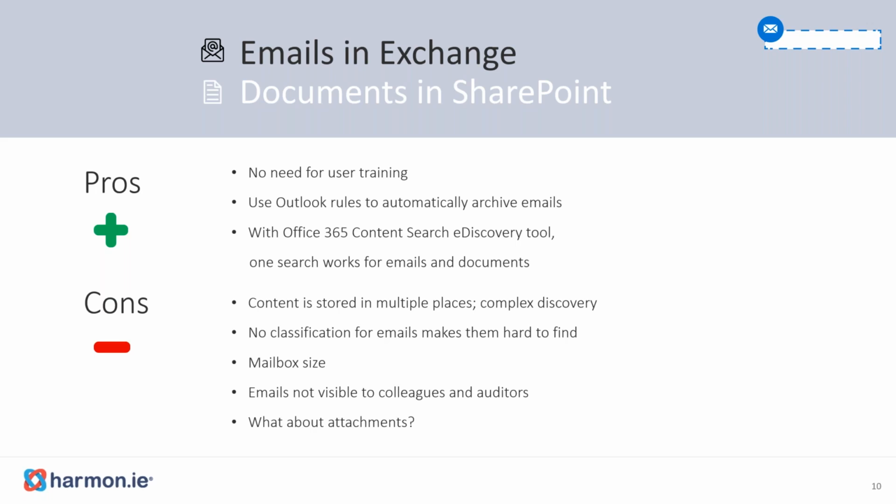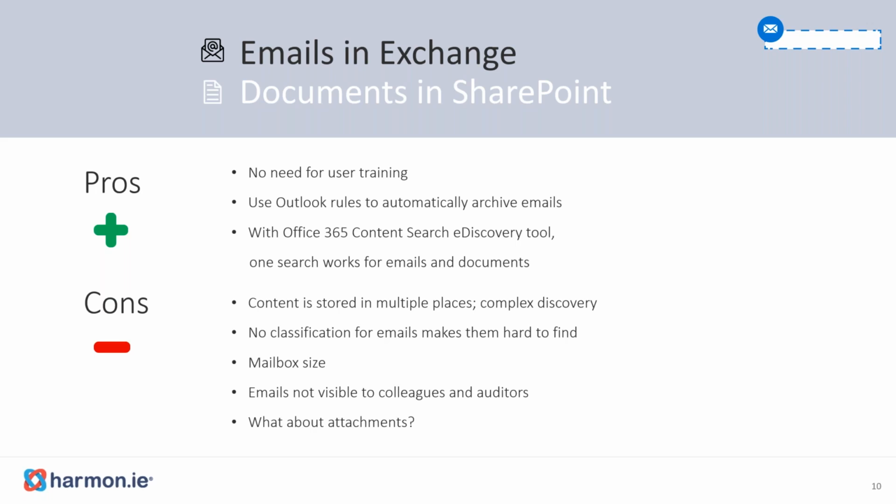If you're working on a deal with a customer and you get an email request for a proposal, and you send back an email saying, this is my contract and here are the terms of the contract, the email contains part of the story, the document contains part of the story. Moving the email in one place, putting the document in another place, makes finding related information extremely difficult later on.